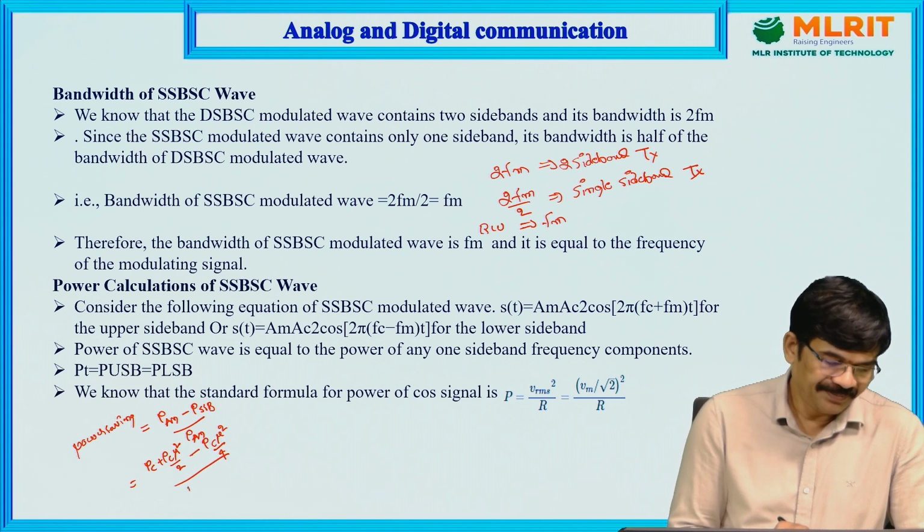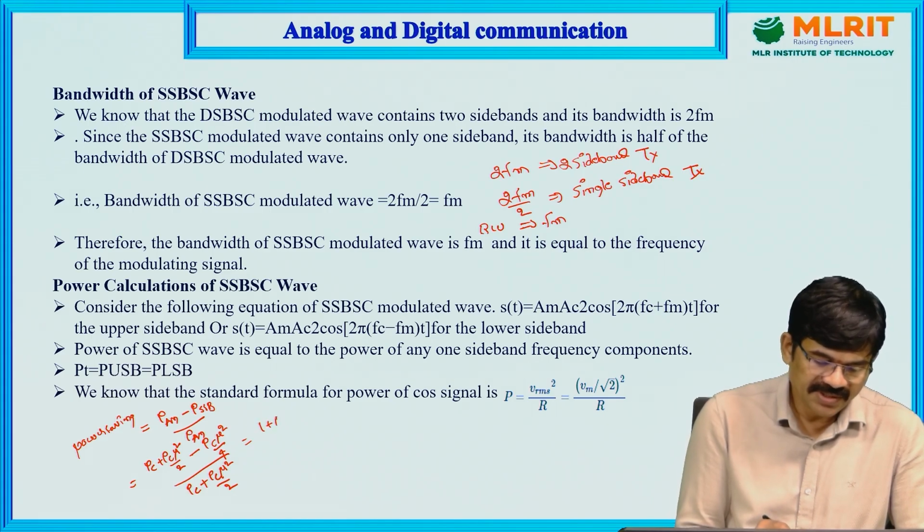So in the top PC is common, and in the bottom PC is common, so I am cancelling PC. What value are we getting here? (1 plus mu square by 2 minus mu square by 4) divided by (1 plus mu square by 2).